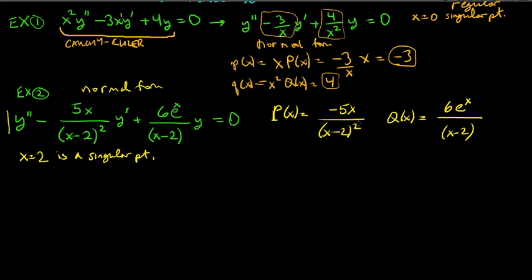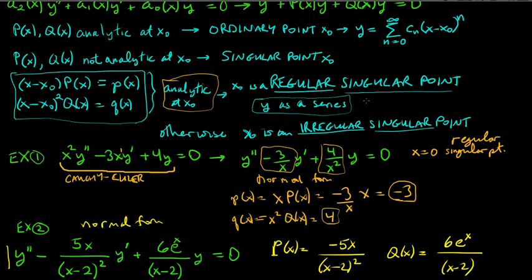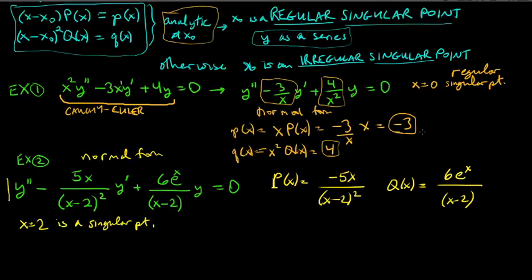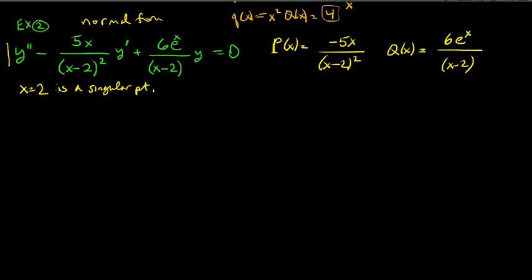What happens is you get a negative exponent, x minus 2 to the negative 2. Remember, for a power series you're starting at n equals 0, so all the exponents of x minus x0 cannot be negative. So we know it's a singular point.